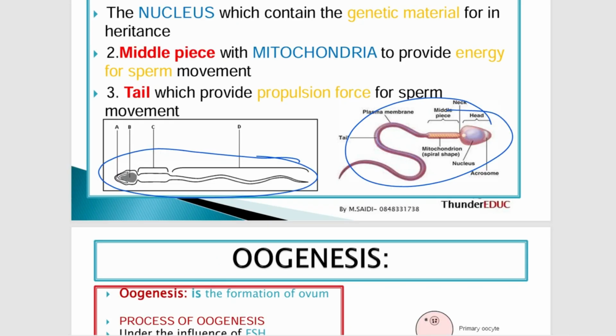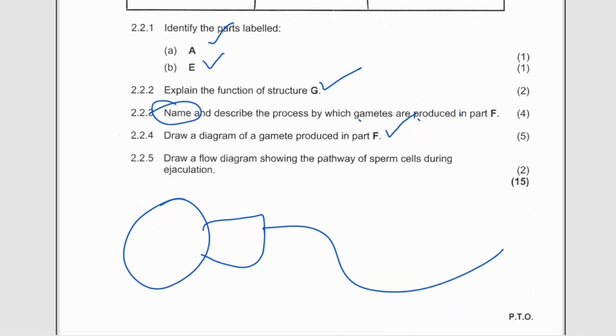The head must be pointed, with an acrosome, and it must be in proportion. Then label everything and give the title: acrosome, nucleus, middle piece with the mitochondria, and the flagellum or tail. The structure of gamete F, or structure of a sperm.